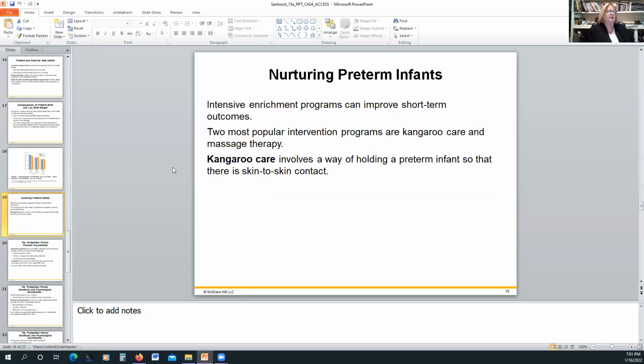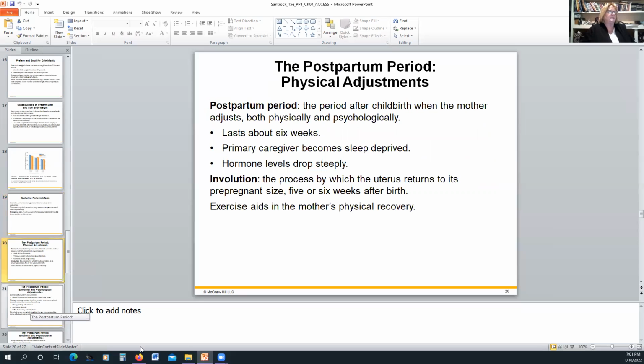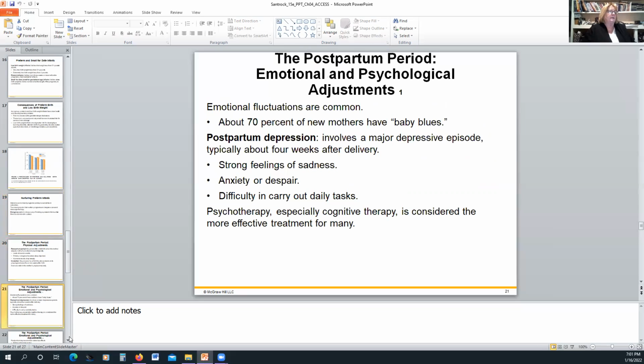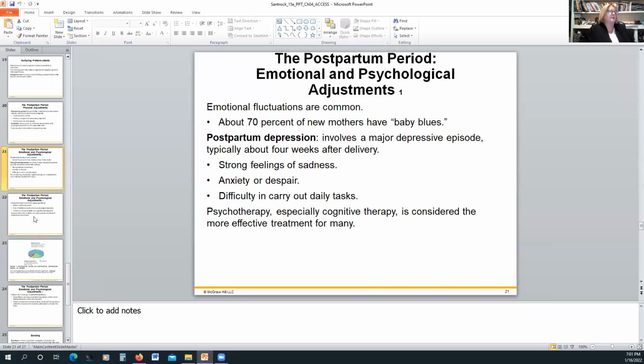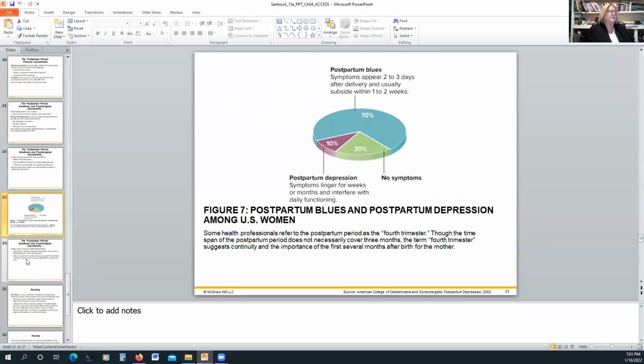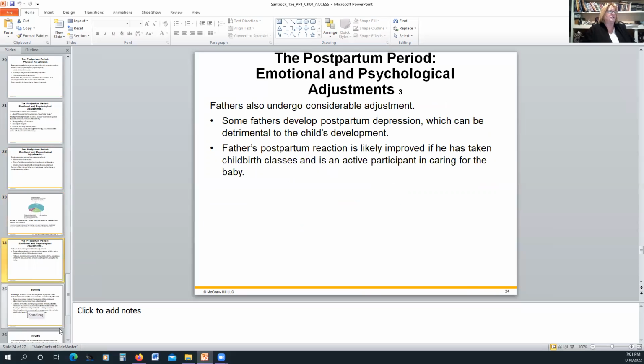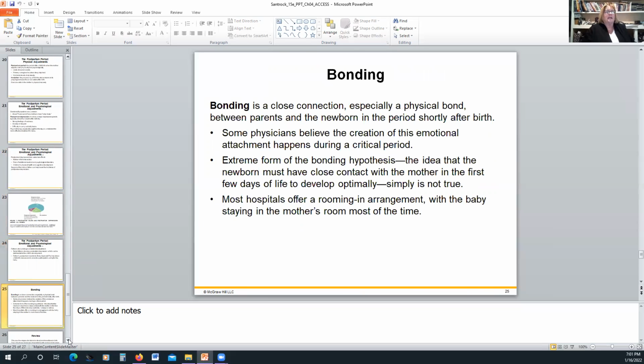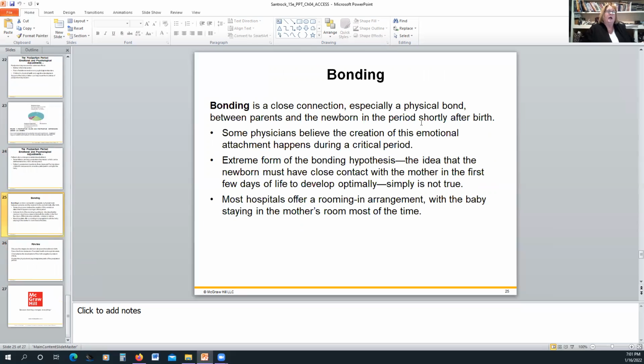Remember kangaroo care, that skin to skin contact that helps especially newborn babies grow and develop. A little bit about postpartum depression, looking at emotional adjustments, but also psychological. It talks about bonding, although it does not go into information about John Bowlby yet, but it will.